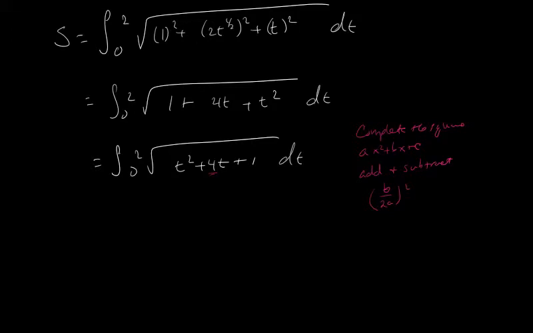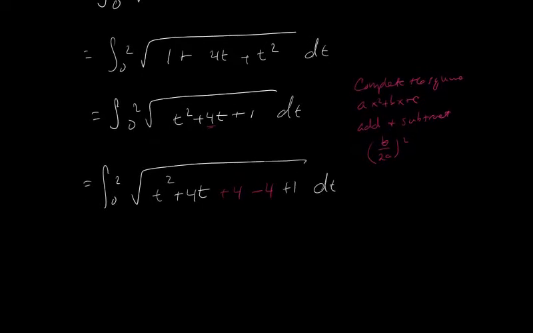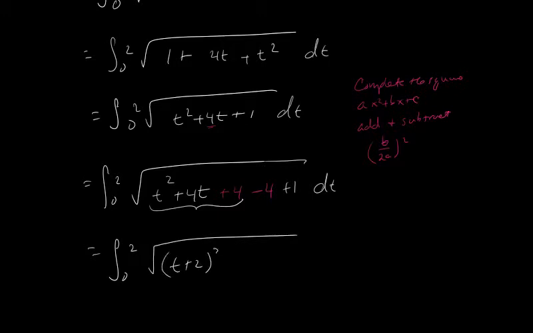This is equal to the integral from 0 to 2 of the square root of t squared plus 4t plus 4 minus 4 plus 1 dt. The reason we do this is because this is now factorable as a perfect square: the integral from 0 to 2 of the square root of t plus 2 quantity squared, minus 4 plus 1 is minus 3, dt.